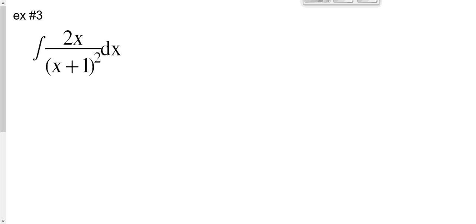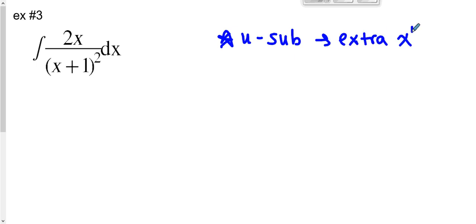Our third example is the integral of 2x over x plus 1 squared dx. So in this case, we're going to need to look at u substitution. And this is going to be an example where we have extra x's. So we're going to have to remember this process. We've done this process before.